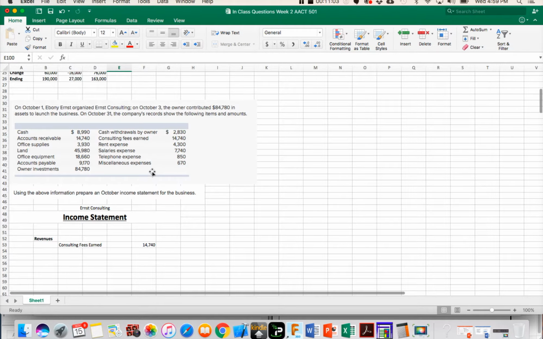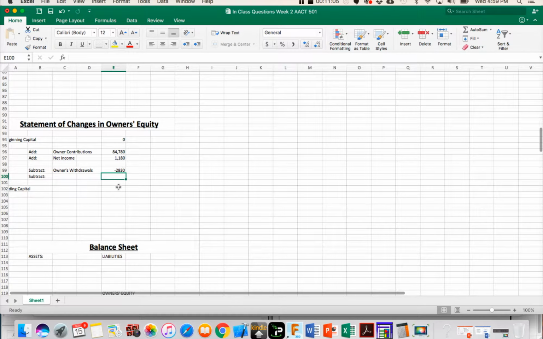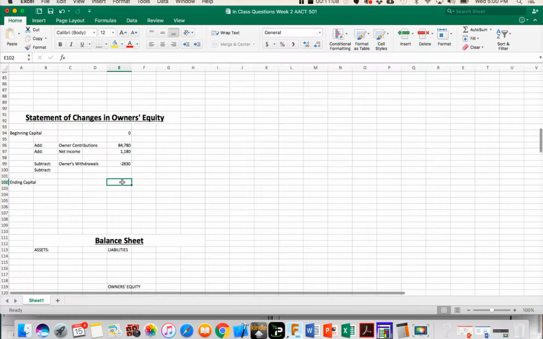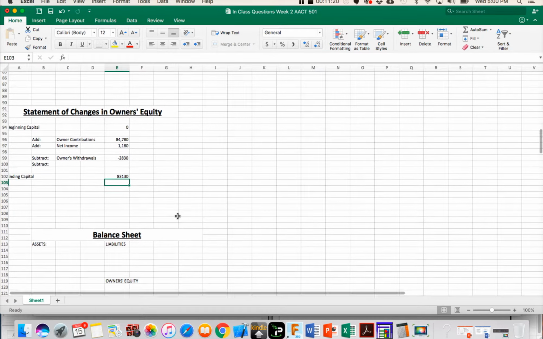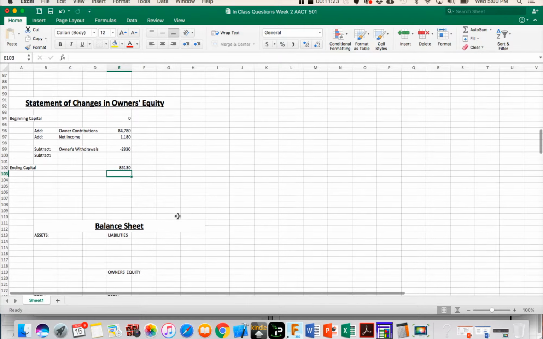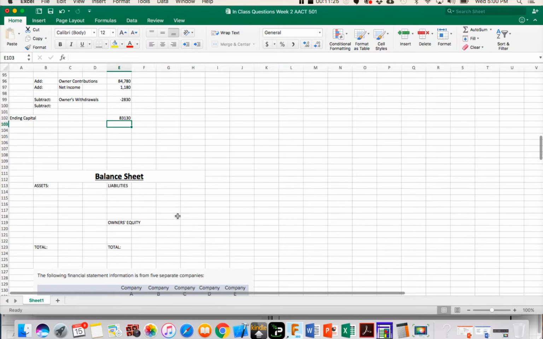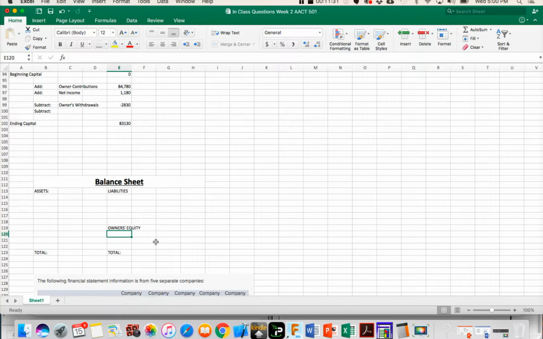Is that the right amount? Yeah, okay. So list that as a negative number, and then I come down here and I can just auto sum, and I'll include all of those, and it's just going to add all of those together. And that gets me to my ending balance for owner's capital. So that's going to come over here, obviously, into my owner's equity slot here.